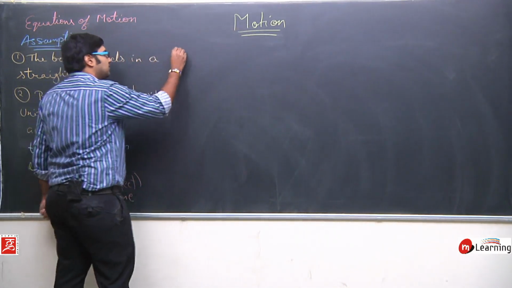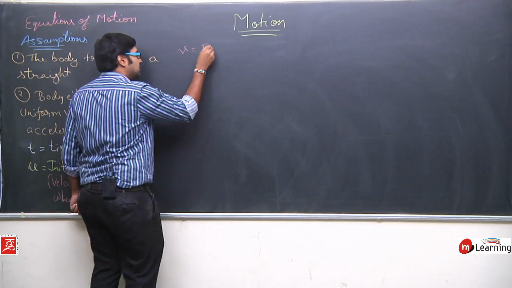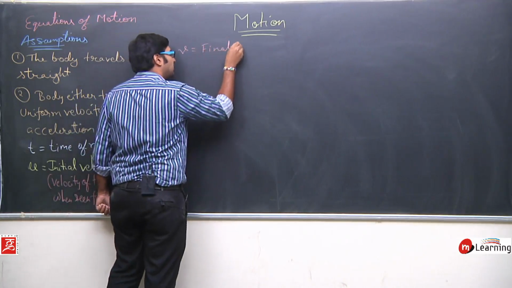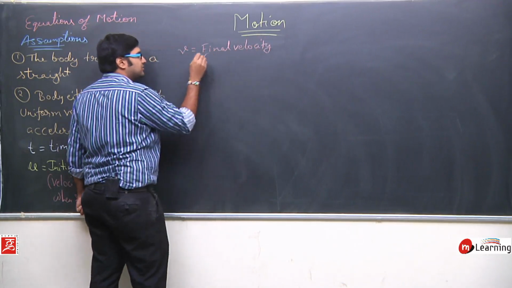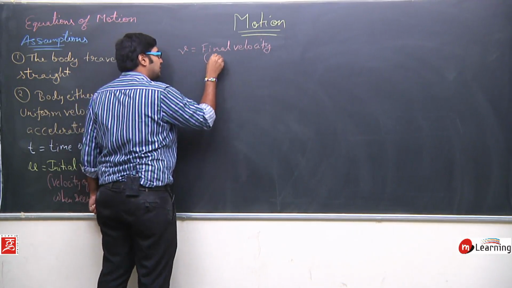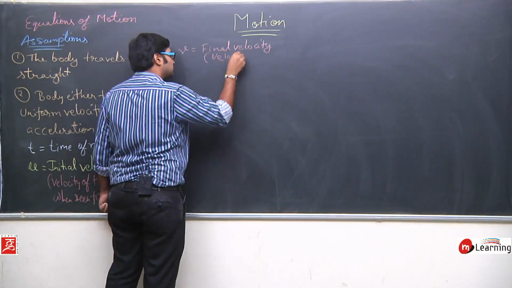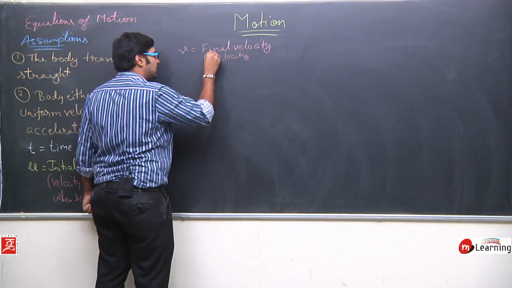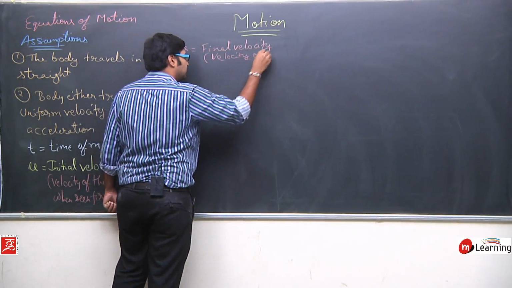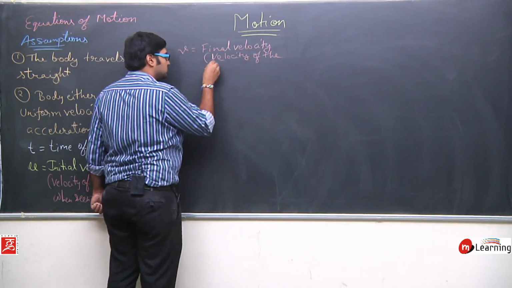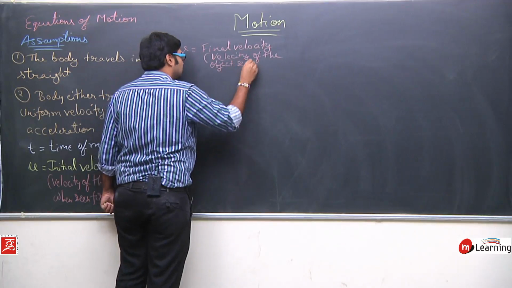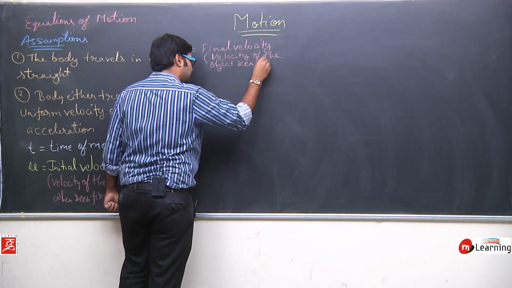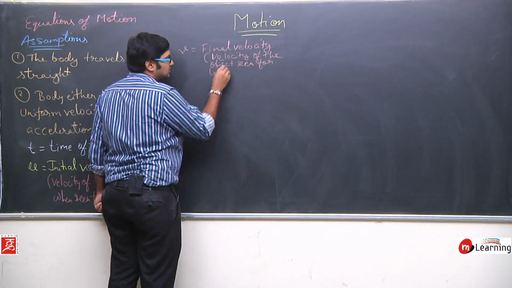And the next term is v, which represents the final velocity. So what is this velocity? The velocity of the object seen for the last time.